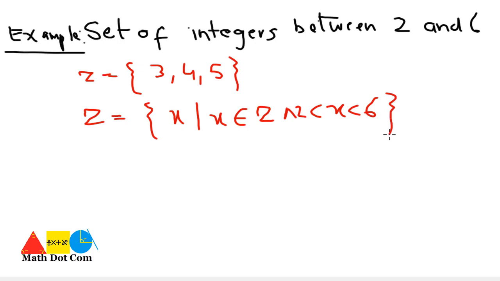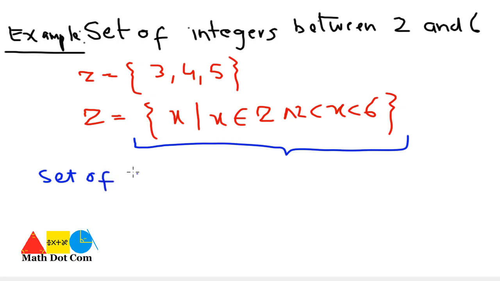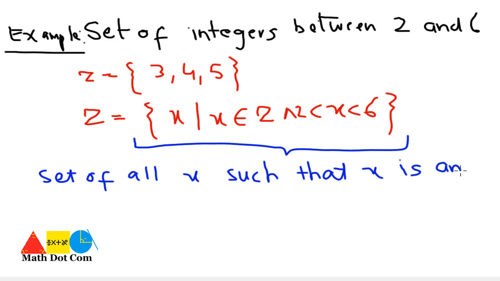So this is how we can represent this set of integers between 2 and 6 in set builder form. We can read it as: set of all x such that x is an integer between 2 and 6.